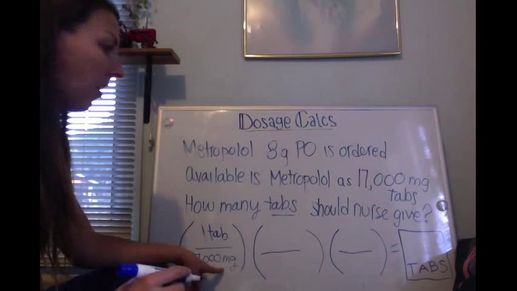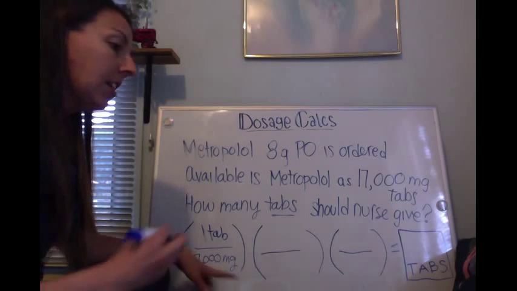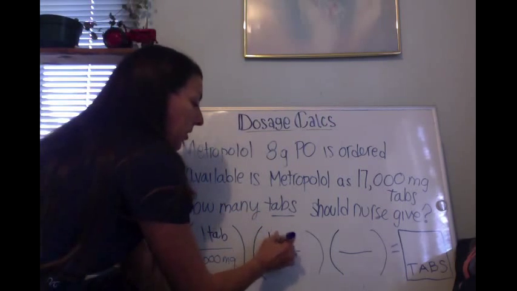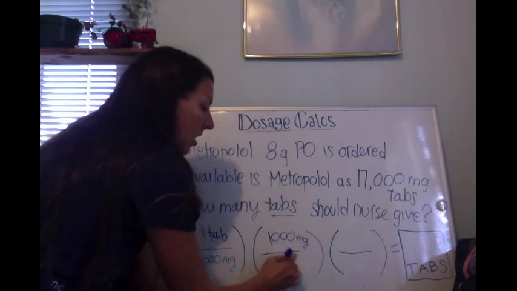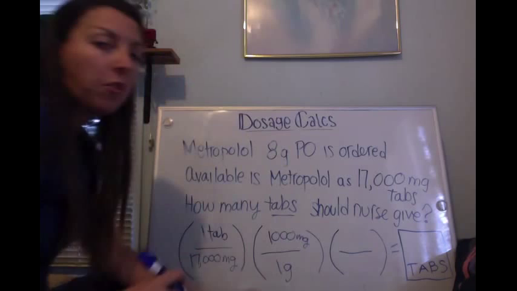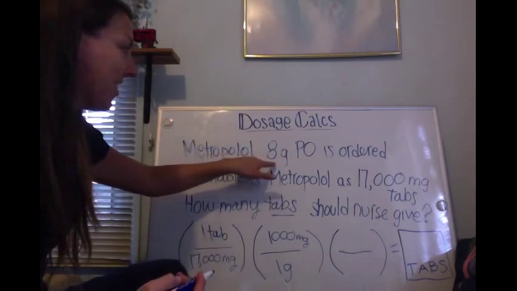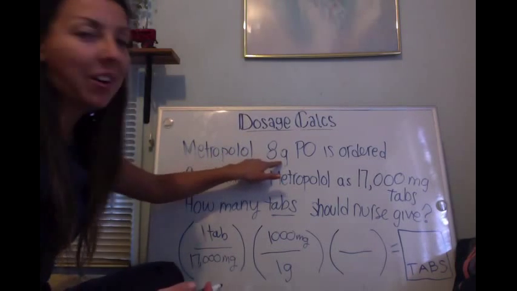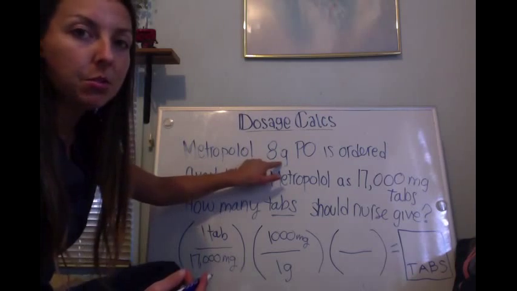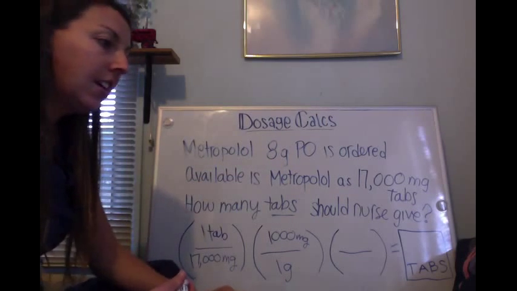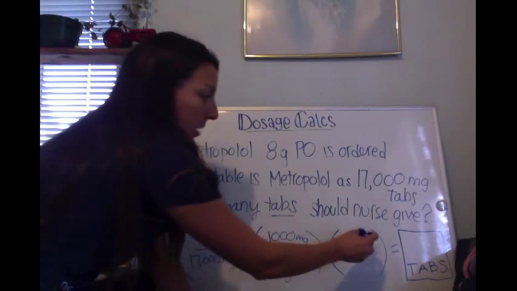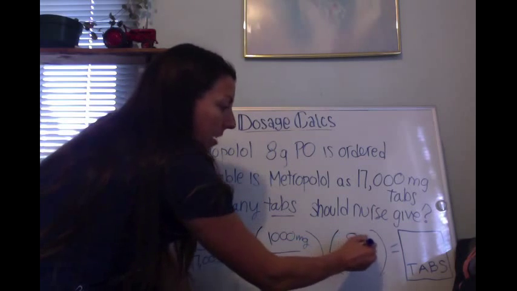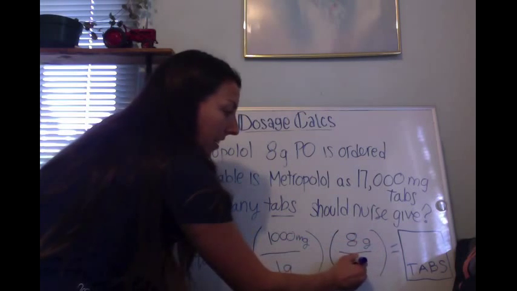So I'm going to move on to saying that there are 1,000 milligrams in 1 gram. And the reason why I'm moving this direction is because I know that ordered is the gram, so I need to convert to this unit. Next, I can say, opposite of this, up here, that 8 grams are ordered.